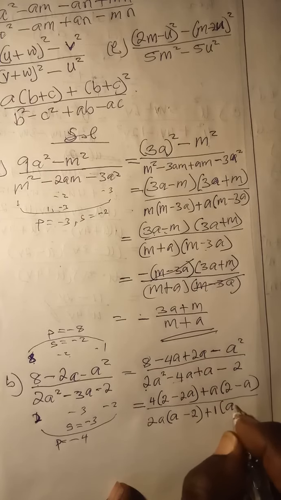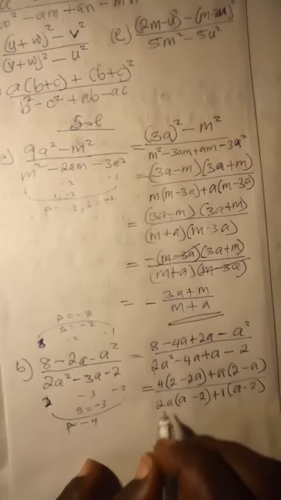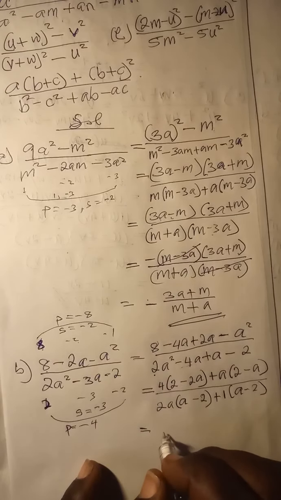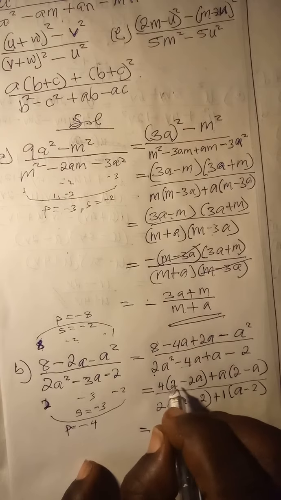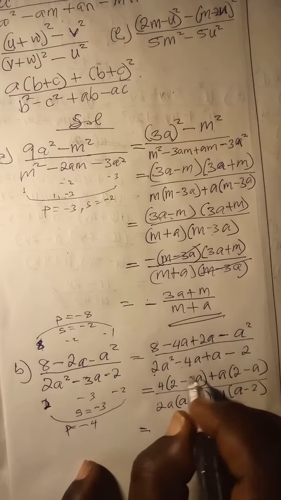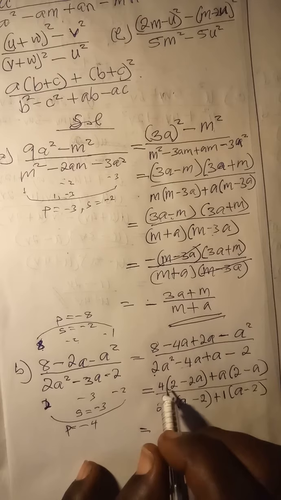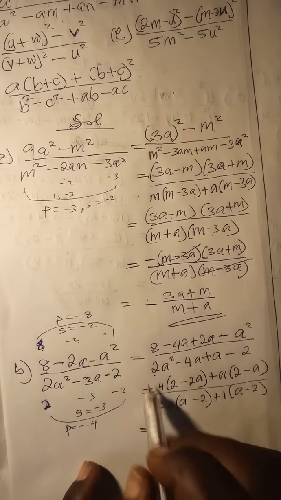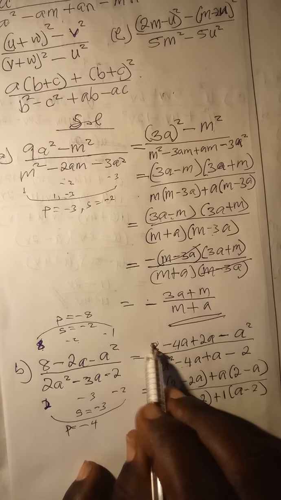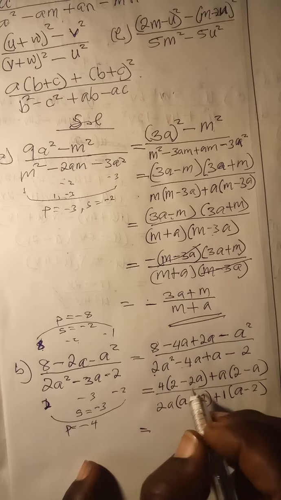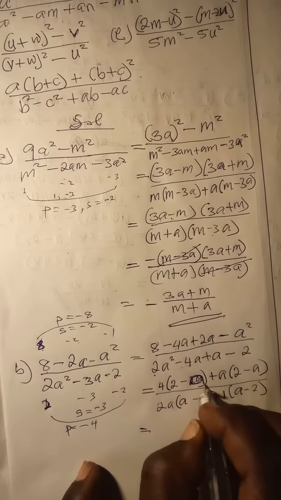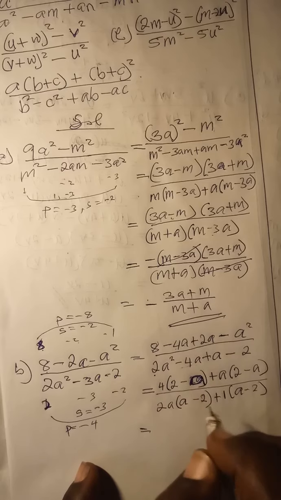Okay, I made a mistake. There's a mistake here. If you take 4 from here, then 2 is left, and then only a here. Thank you.